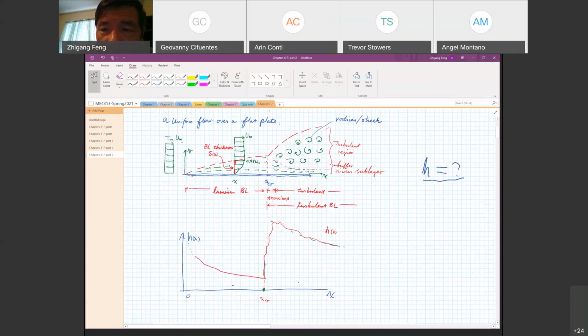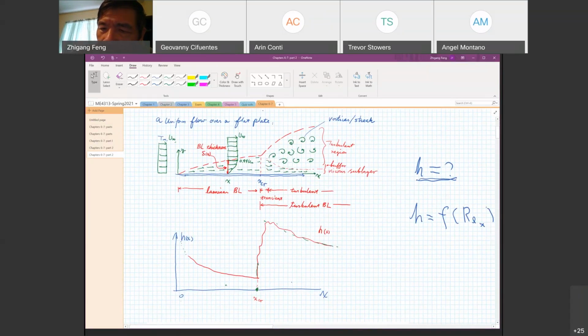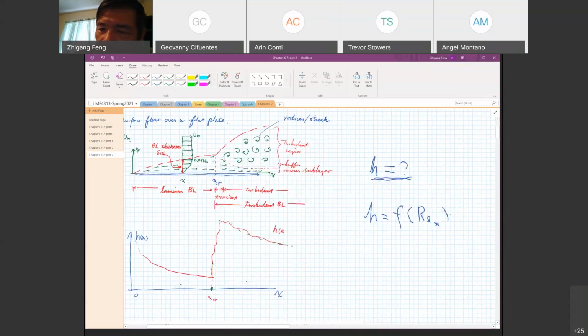To find h, it depends on the flow Reynolds number as well as the Prandtl number. So h is a function of the Reynolds number and the Prandtl number.